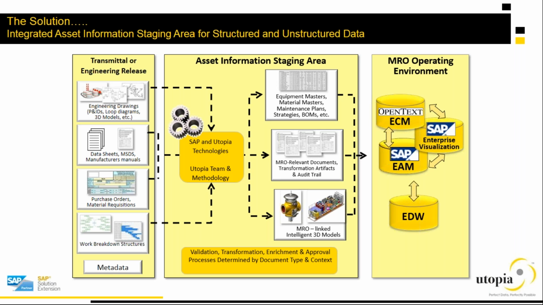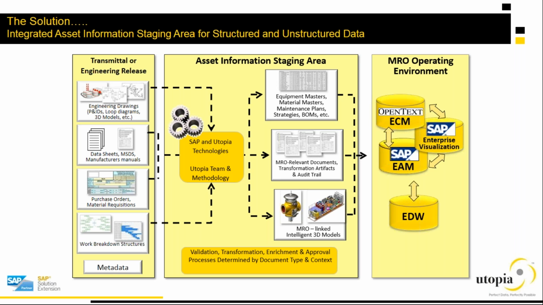This staging area is really the integration of several commercially available SAP products. SAP Master Data Governance, the Asset Information Workbench from Utopia, SAP's Asset Intelligence Network, and potentially an ECM system such as OpenText, extended ECM that we represent here. So this is not, I guess you'd say, some future Star Wars sort of system.